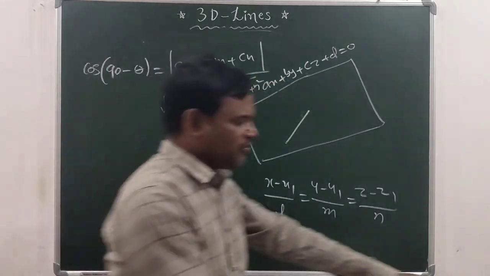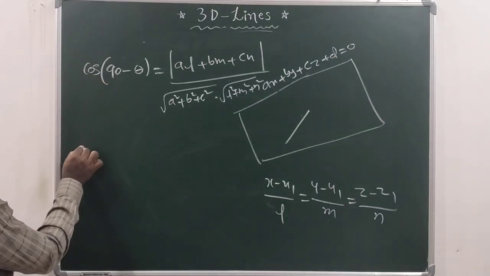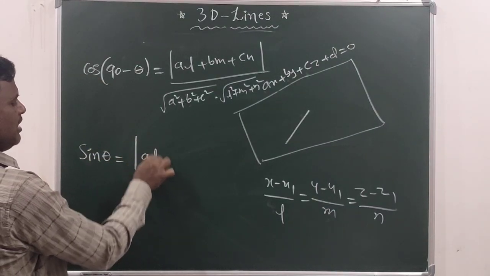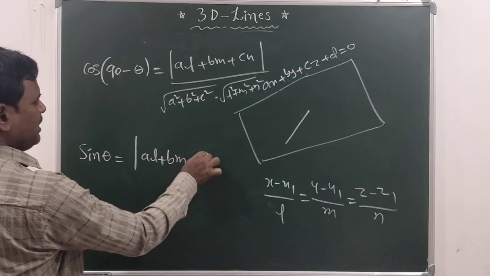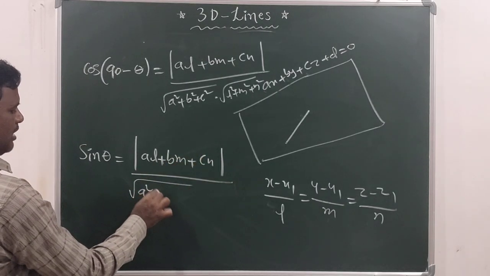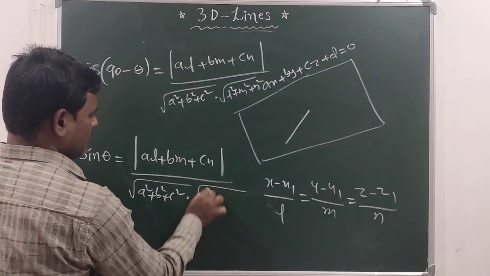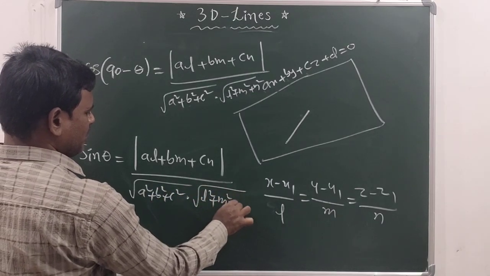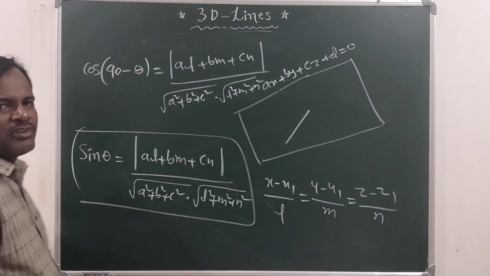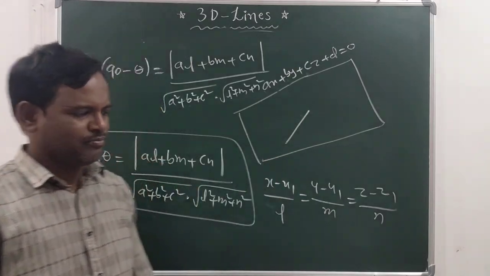So you know cos of 90 minus theta is equal to sin theta. Now sin theta is equal to modulus of al plus bm plus cn whole by root of a square plus b square plus c square into root of l square plus m square plus n square. So you people can apply this formula to find the angle between the line and the plane.